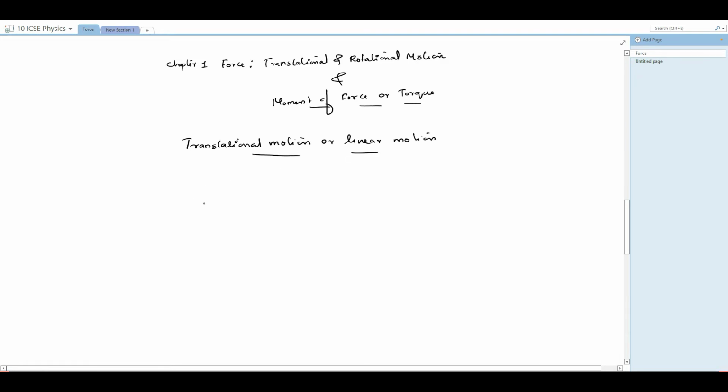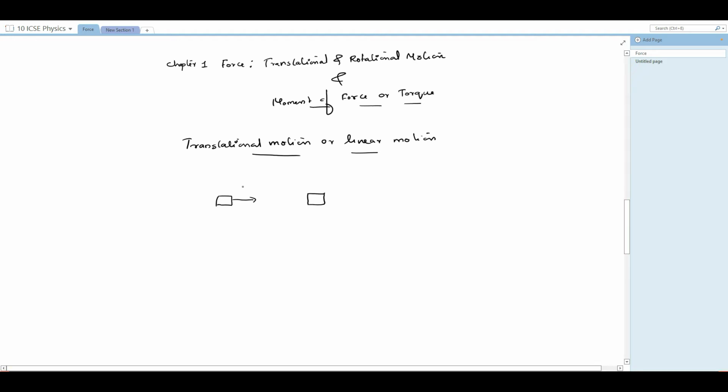If an object is moving in a straight line, let's say from here to somewhere over here, this motion of an object in a straight line is called translational or linear motion. For instance, a car is moving on a straight road. What is it? It is linear motion.